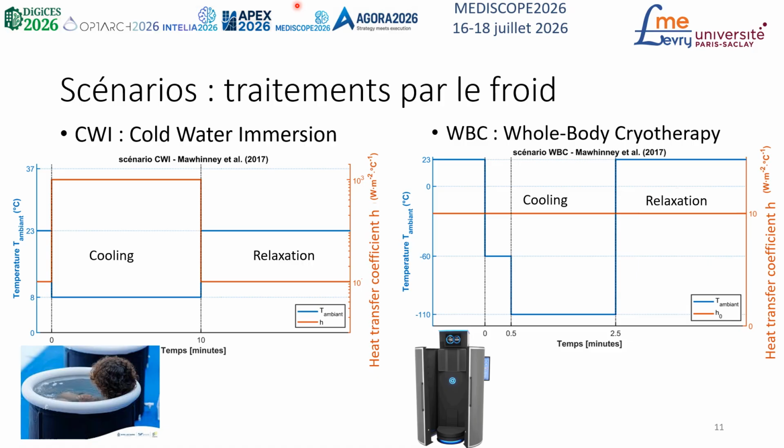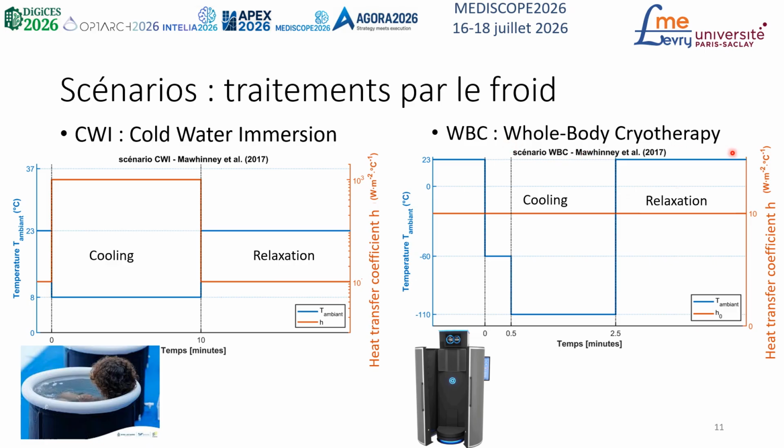Here, for the Manwine experiment, for the cold water immersion case, a subject performs a warm-up, then goes to a rest zone here, before sitting in a cold bath at 8 degrees for 10 minutes, followed by a time in a restroom, for a total time of less than 1 hour.